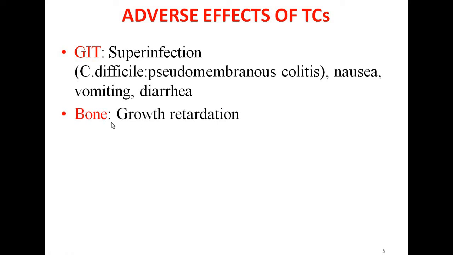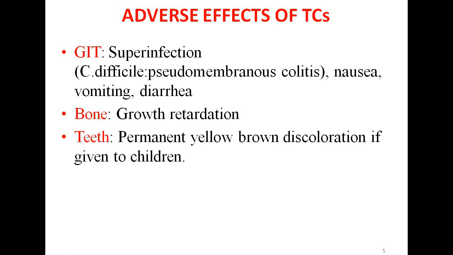Because of the affinity of tetracyclines for calcium, therefore bone and teeth, if tetracycline is given to children, it can chelate the calcium in the bones and cause growth retardation. Therefore, tetracyclines are contraindicated in children.